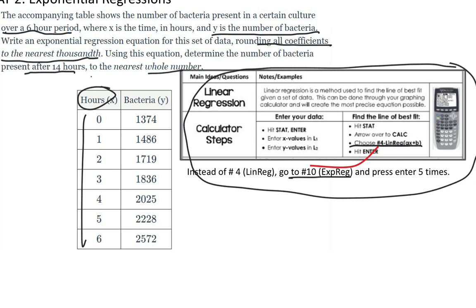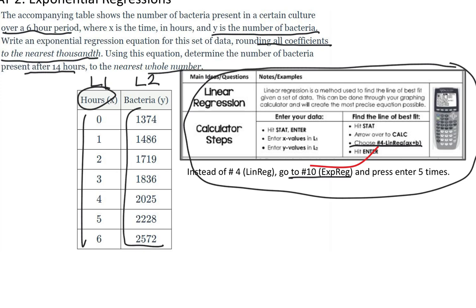So we're going to enter X into L1 and Y into L2. So 0, 1, 2, 3, 4, 5, 6. And then you arrow to the right and you enter in your numbers for each of those hours.